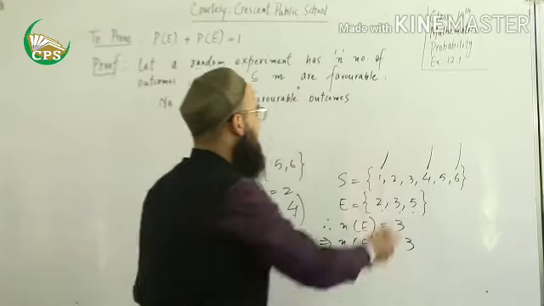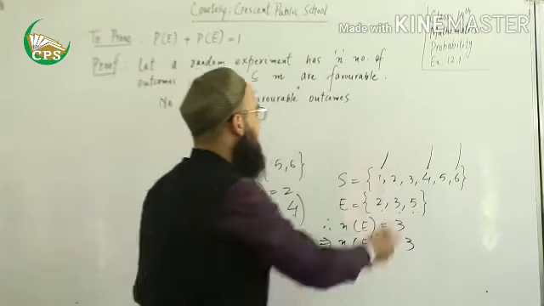So my probability of event is m divided by n. And probability of not event is number of not event divided by number of sample space. Number of not event means number of not favorable outcomes, which is n minus m, divided by total number of outcomes, which is n. So we have probability of event m by n, and probability of not event n minus m by n.